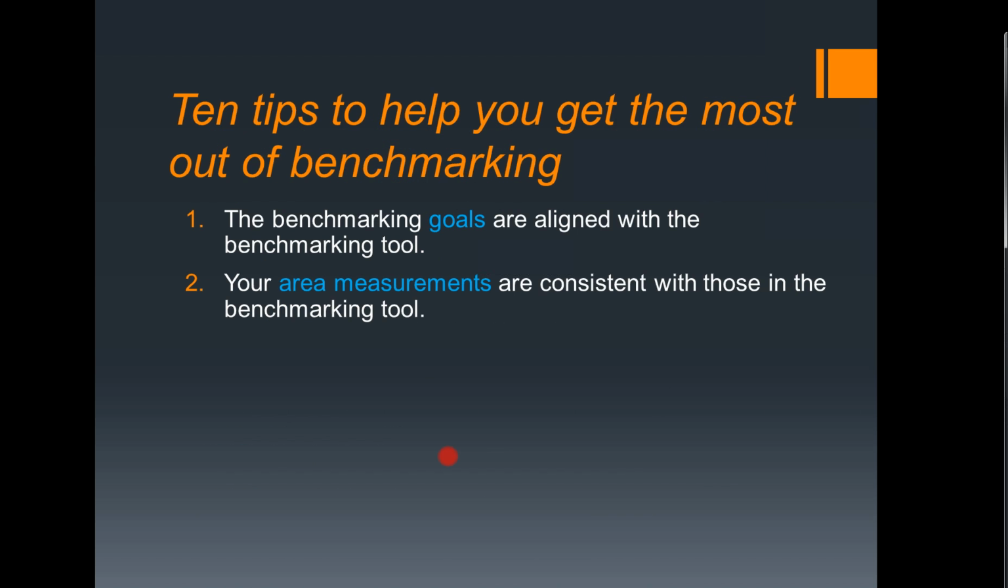So here are 10 tips that'll also help you get the most out of benchmarking. We've touched on a few of these, but of course you got to make sure that when you establish your goals and objectives, they're aligned with those of the benchmarking tool. There are lots of ways to measure gross area. Well, not so many for gross, but there's several, and lots of ways to measure rentable area.